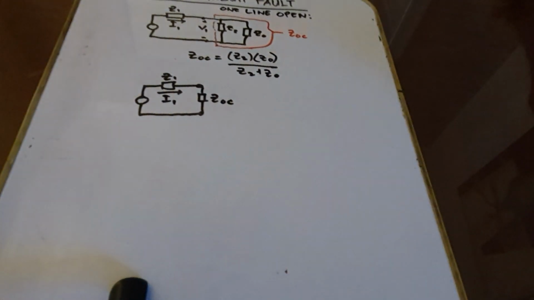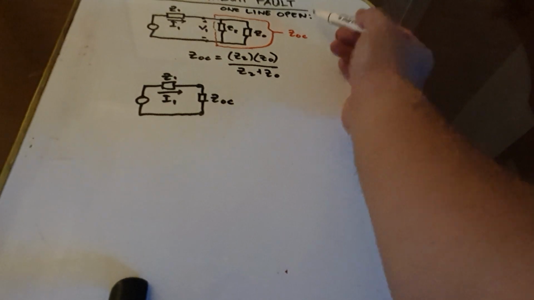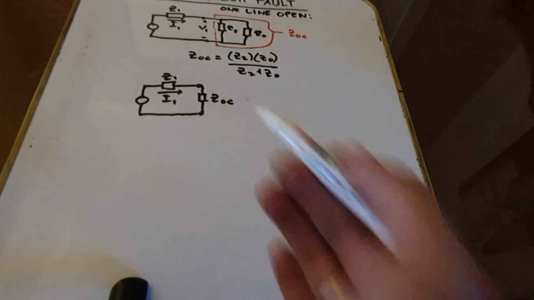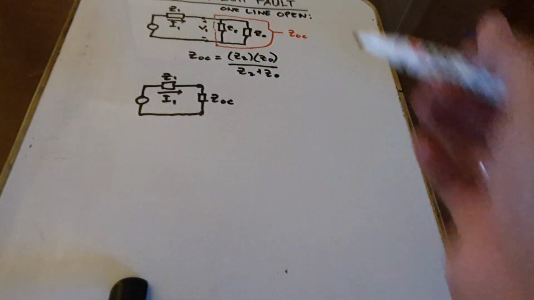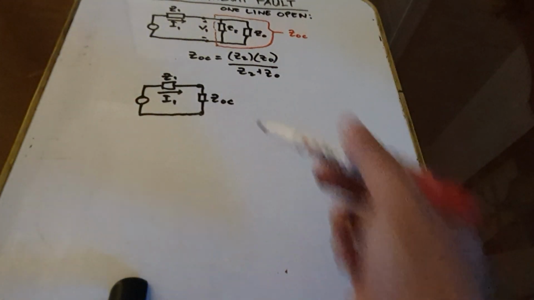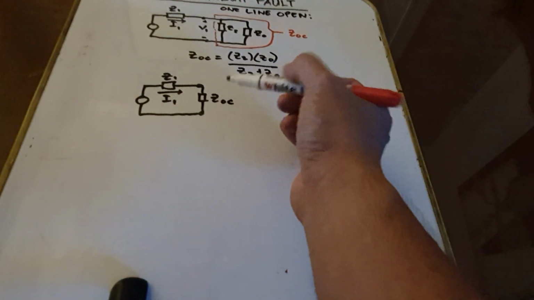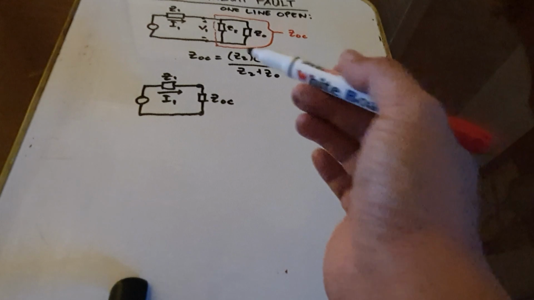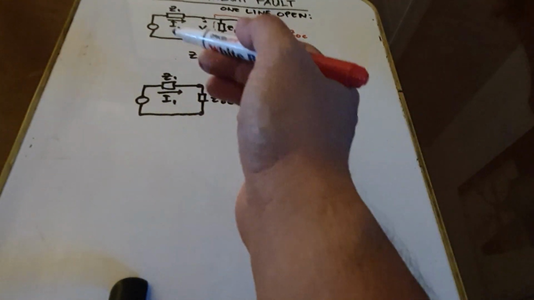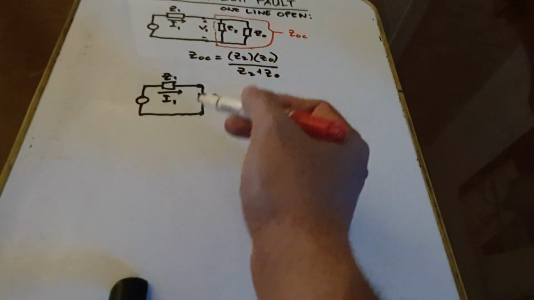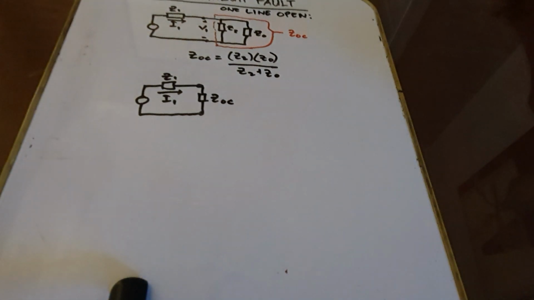Okay. Meaning during one line open, these three sequence networks are interconnected, and by using the positive sequence, since as we know the positive sequence is the actual impedance diagram of the power system, right?